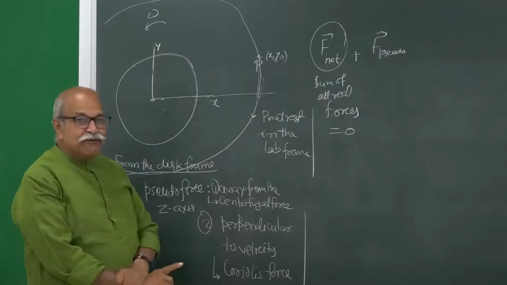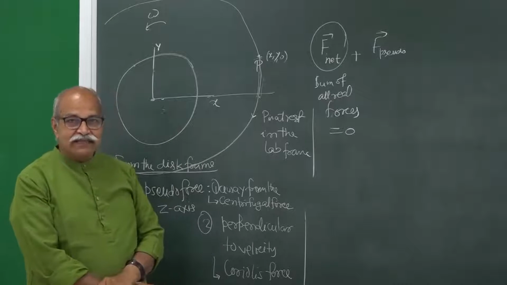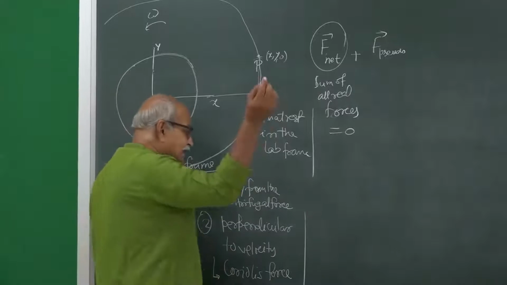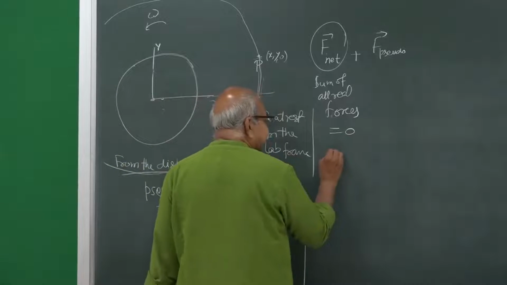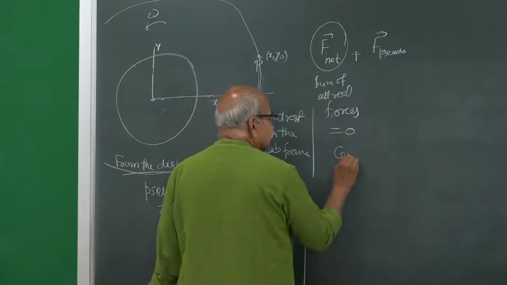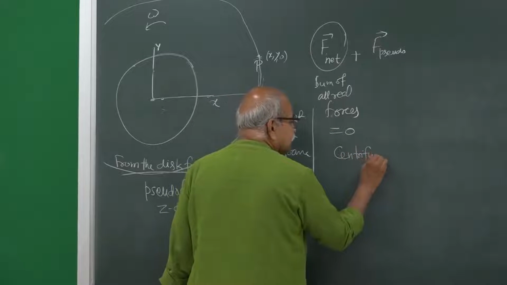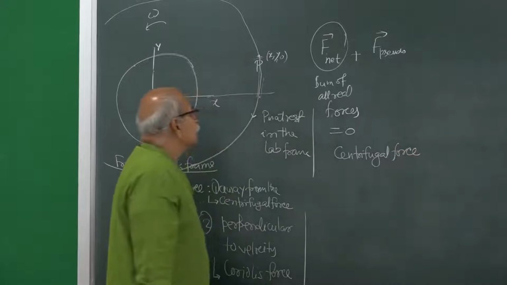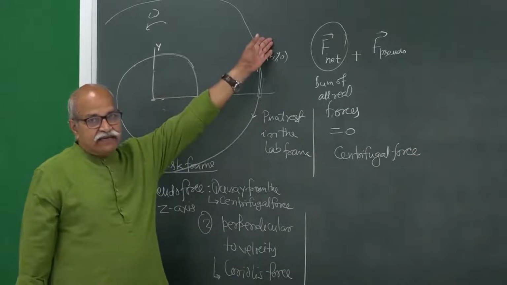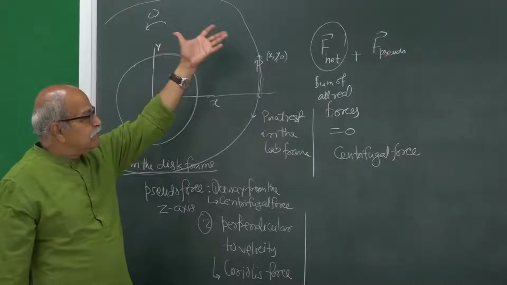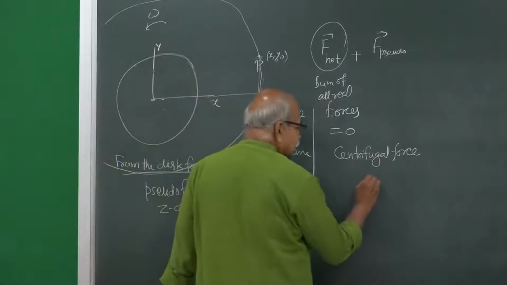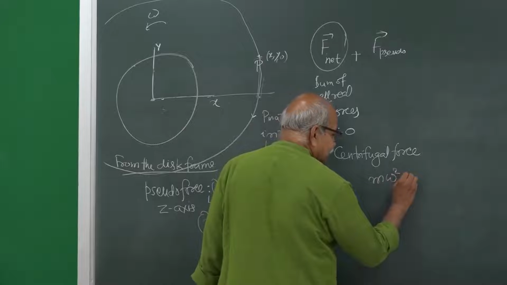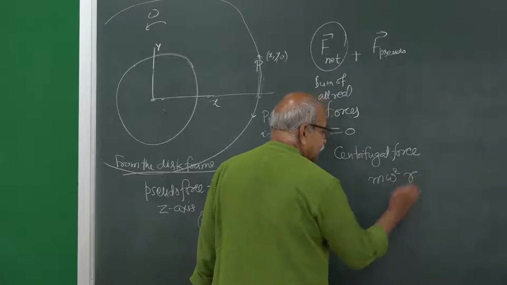All right. So, the centrifugal force will be there, and what will that centrifugal force be? You can obtain that from other examples also, and you know it very well. I am using the disk frame. There is a centrifugal force, and that centrifugal force will be away from the axis, and its value will be m times omega square times the distance from the axis, r.